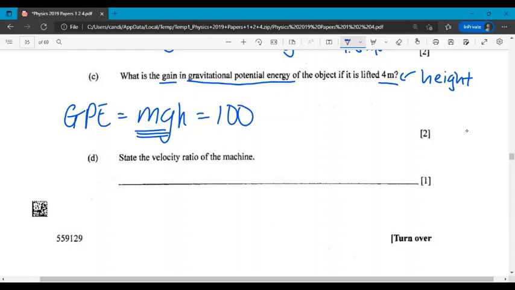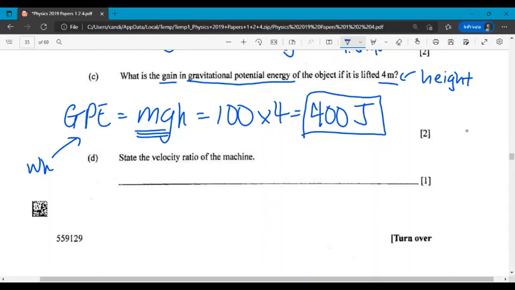But if you want to show everything, you can plug in 10.2 times 9.8. You get back 100. Or you can also realize that gravitational potential energy is just equal to the weight times the height. So we just multiply 100 times 4 and we get 400. And the unit for gravitational potential energy is joules. Okay.